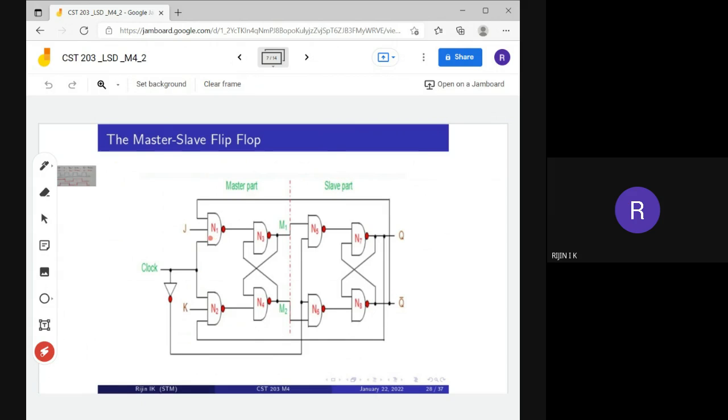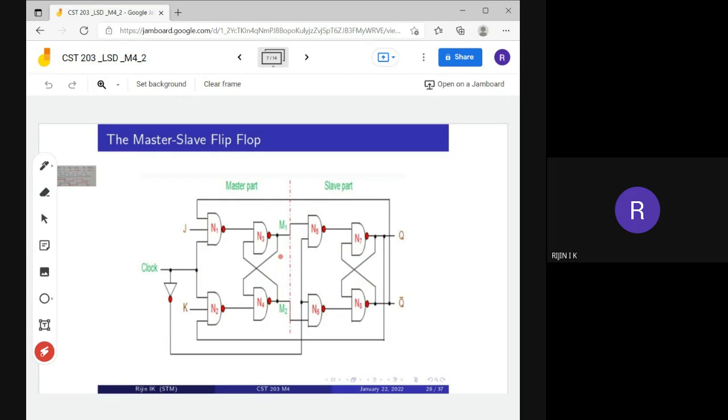Here in the master, four NAND gates are used, and in the slave also four NAND gates are used. I think you already know how this configuration comes.